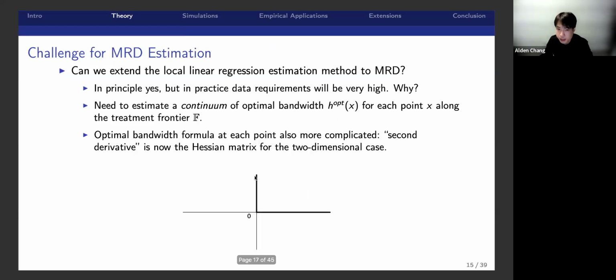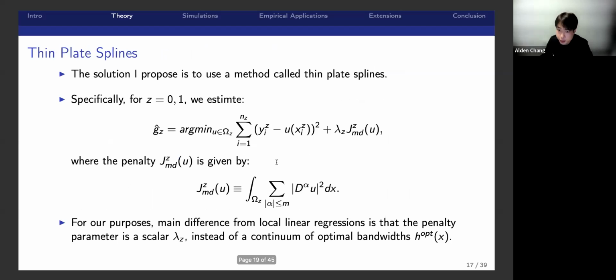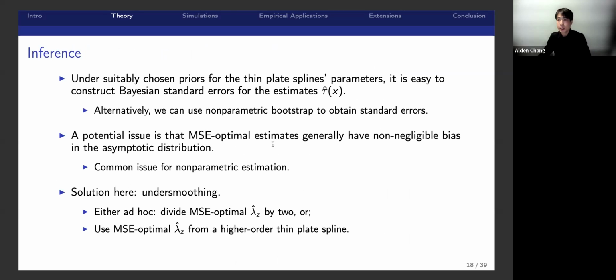So I just need to estimate a single penalty parameter lambda instead of a different lambda for every single point. So it is much simpler to estimate than local linear regressions. So I estimate two surfaces using thin plate splines and then take the difference to get the treatment effect estimates.